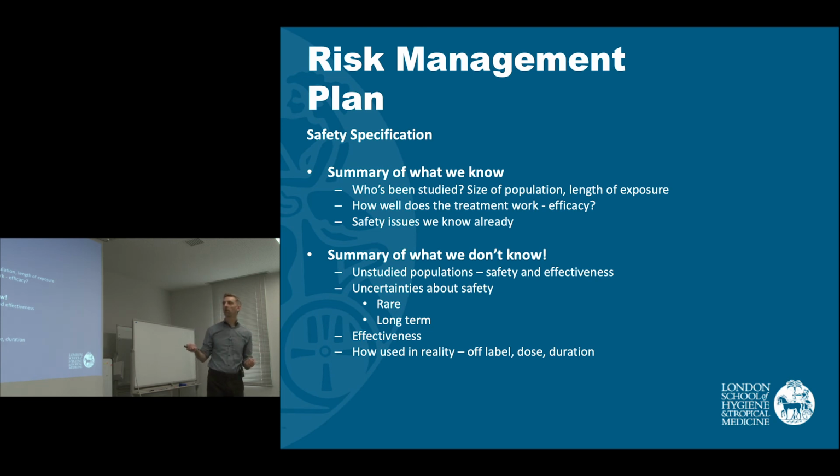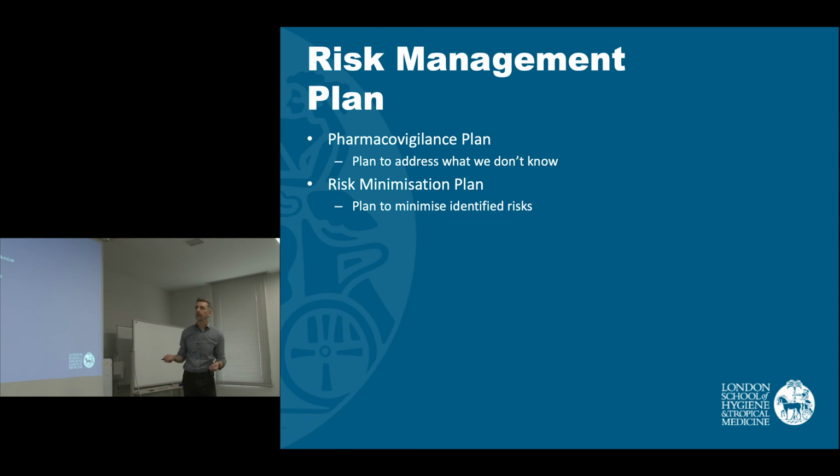Then the summary of what we don't know: the people that were not studied, any uncertainties about safety, so rare effects, long-term effects, anything we don't know about real-world effectiveness of the treatment, and how the drug will be used in the real world. What doses will be used? Will it be used off-label, so for unintended indications, that sort of thing? So that's the summary of what we already know and what we don't know.